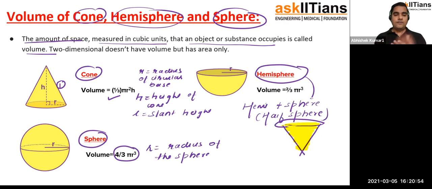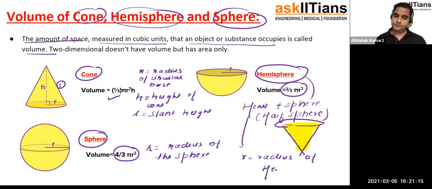The volume of a sphere is 4/3 pi r cube, and if you have to calculate the volume of a hemisphere, it is going to be half of that. That means the volume of a hemisphere is going to become 2/3 pi r cube. And that's exactly what has been written here. And here as well, r is the radius of the hemisphere under consideration.